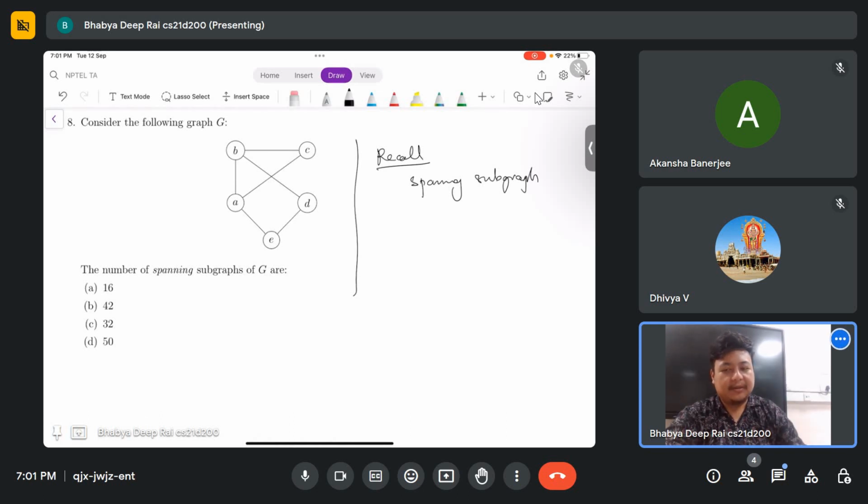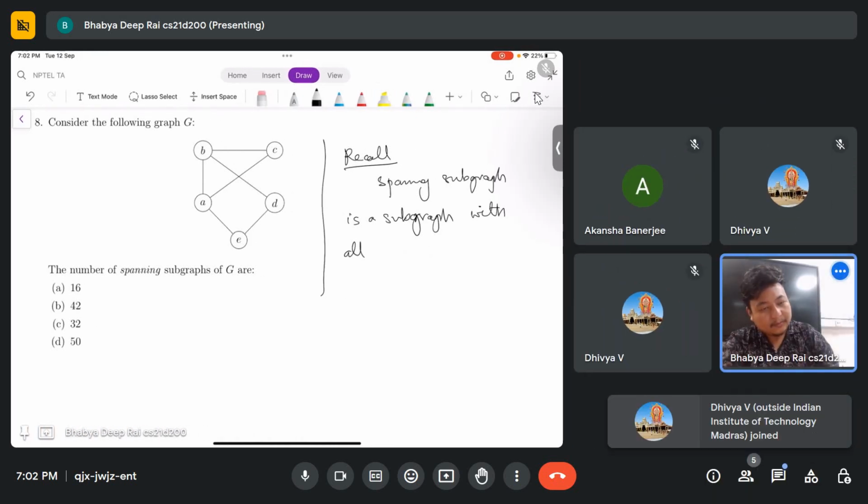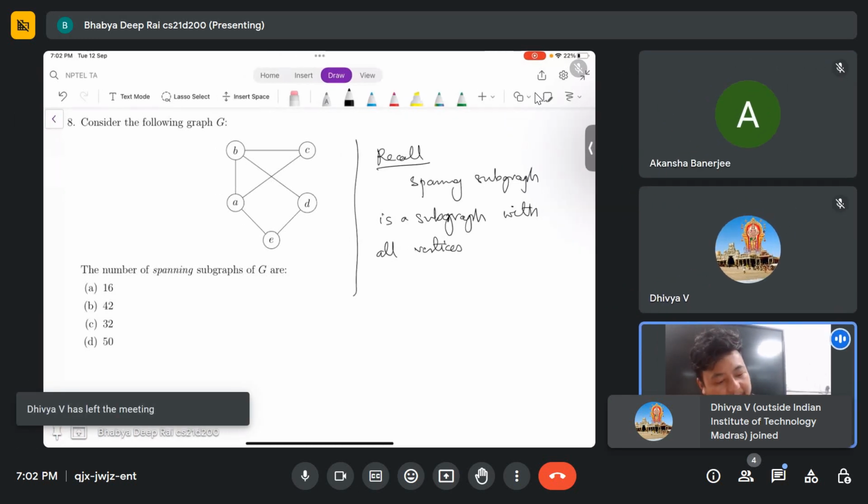A spanning subgraph is a subgraph with all vertices of the original graph.